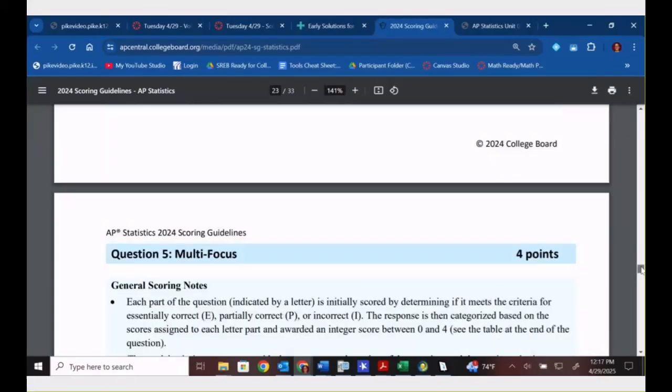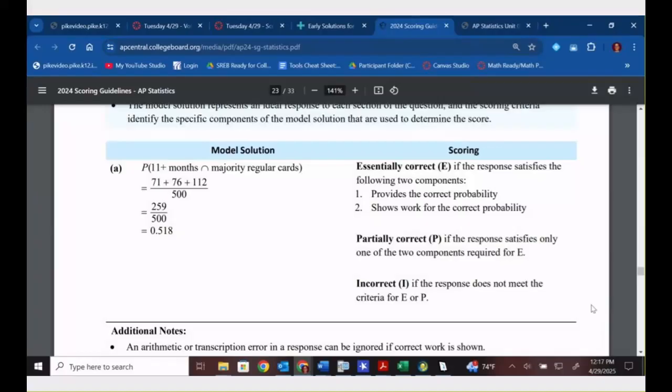So scoring for question 5. Part A, 2 components: provides the correct probability, shows work for the correct probability. So they need to arrive at 0.518.